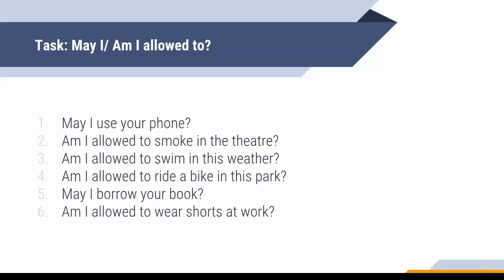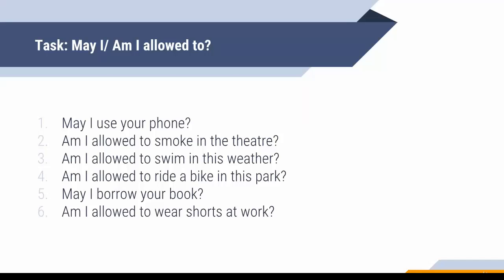When you ask for permission by rules, again, you need to use be allowed to or can. In the past, were allowed to, and could. In all of the other cases, when you ask for permission, you can use may, can, or could.